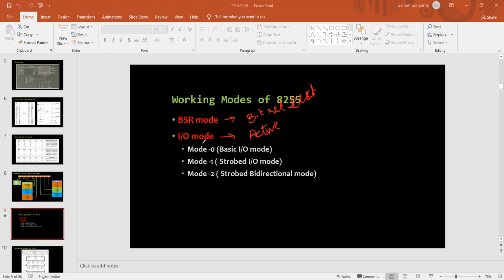And as I told you, in the IO mode or active mode, again you will have three different modes. One is mode 0, the second one is mode 1, the third one is mode 2. These modes will be decided by the bits D5 and D6.